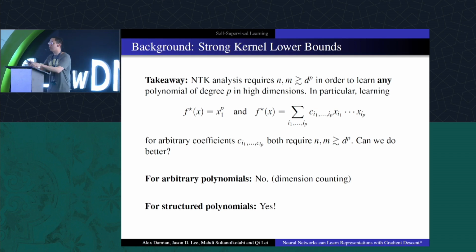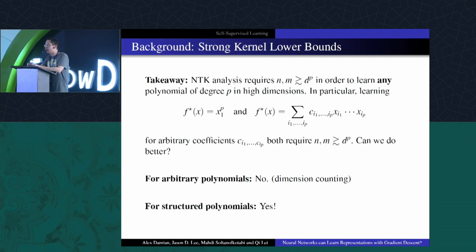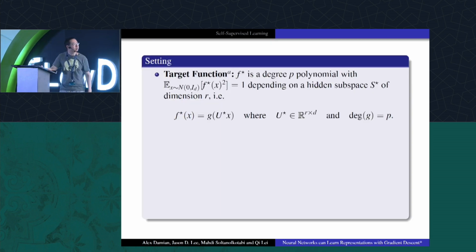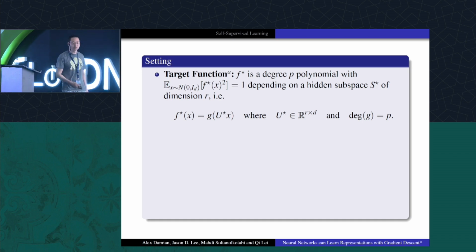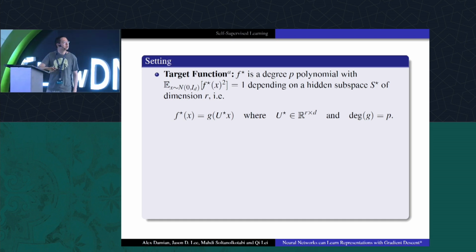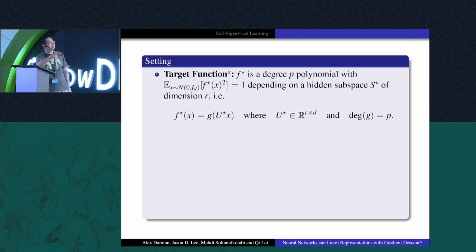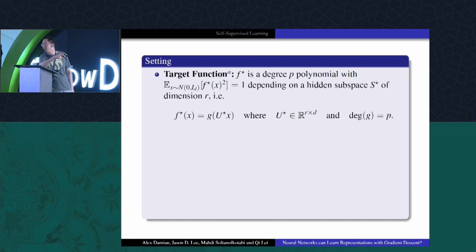For the rest of the talk, I'll focus on a special case of structured polynomials, which I think is fairly natural. I'm going to look at polynomials f star of degree p. There's some normalization here. The output is roughly 1. And there's this hidden subspace S star of dimension r.